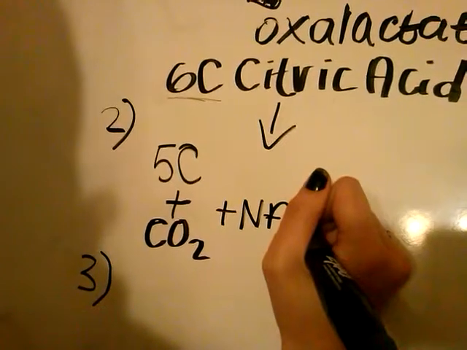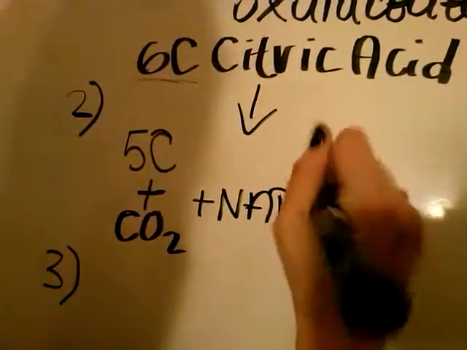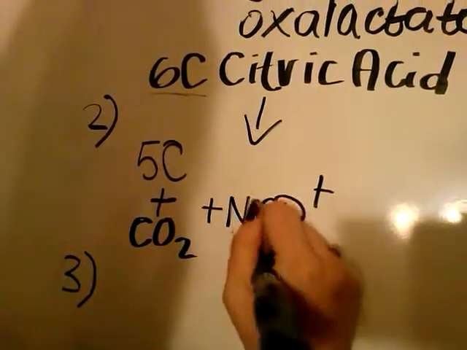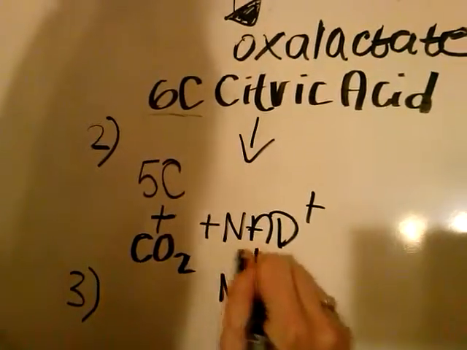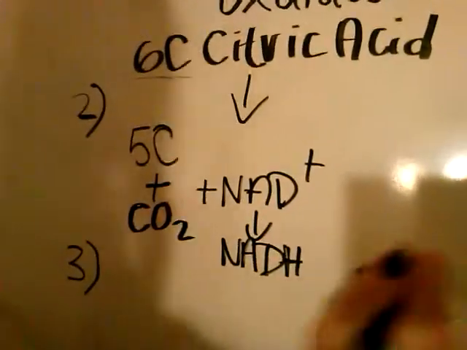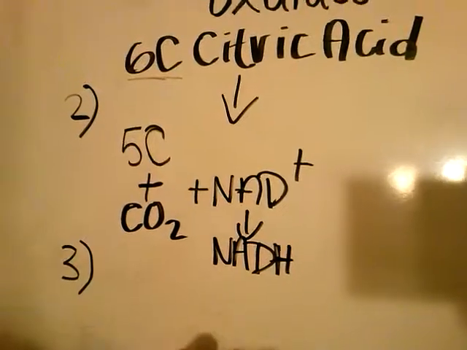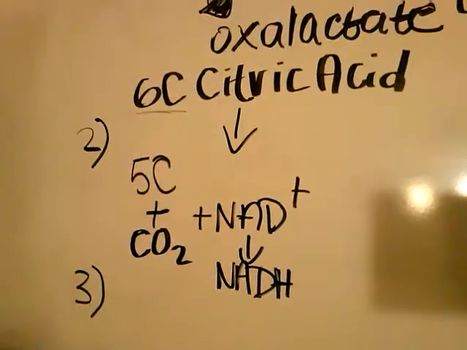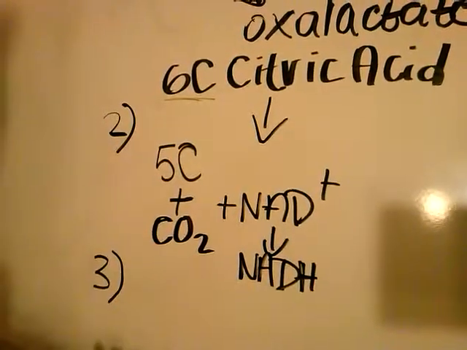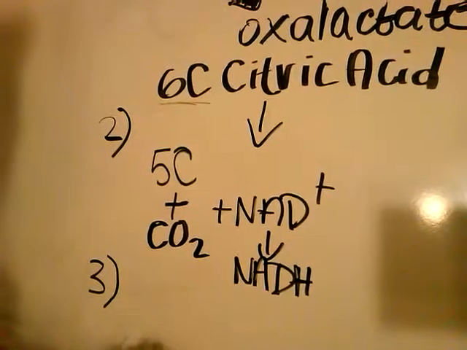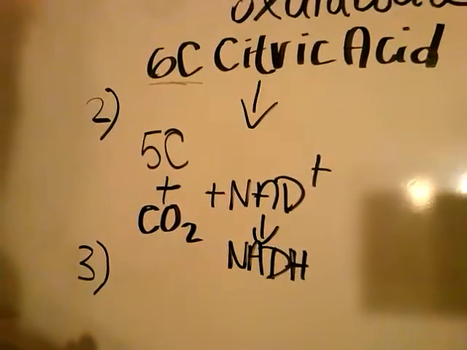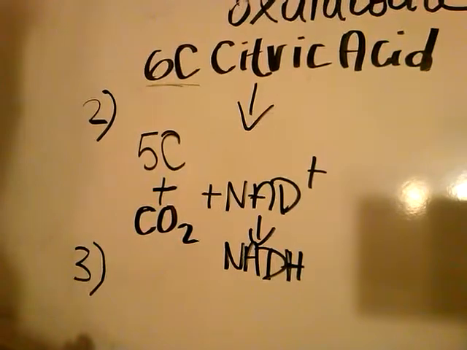And oxidation gives off... It becomes NADH because it's reduced. Oxidation gives off energy, electrons, and hydrogen ions, which are protons. This is a reoccurring theme. If you've watched the other videos, you should know this by now.